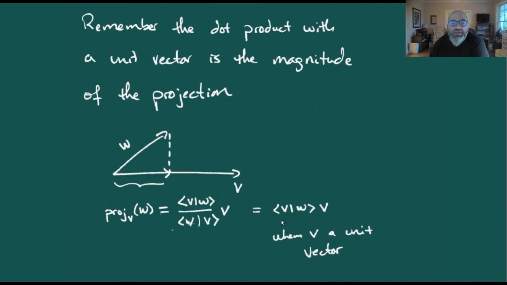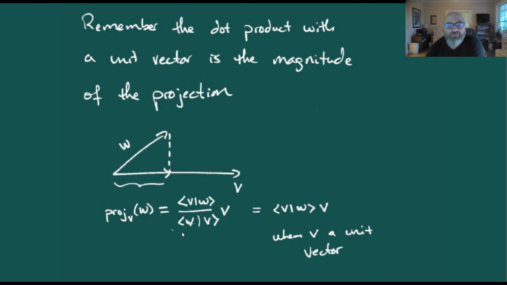Again, this reinforces the fact that we're just looking at these projections. Remember that the dot product gives the magnitude of that projection. Our formula for that was v dot w over the inner product of v with itself, in the direction of v.